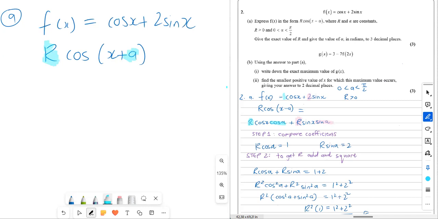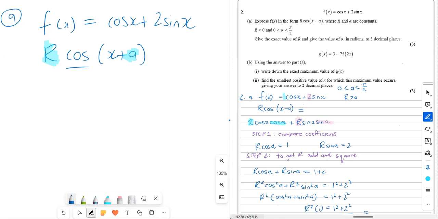So the first thing is take note that this is using cosine. So we need to transform this into cos and sine.